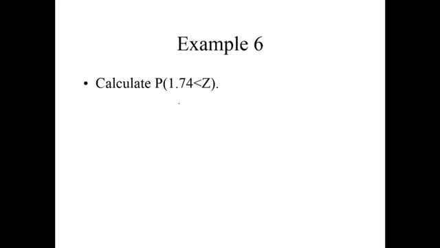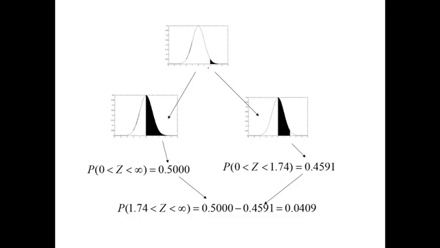Example 6. Well, it's z greater than 1.74. Let's think about this. So z greater than 1.74 is, we've got the 1.74 here, and it's this little tail. These are called tails. And so what do I do to calculate this?